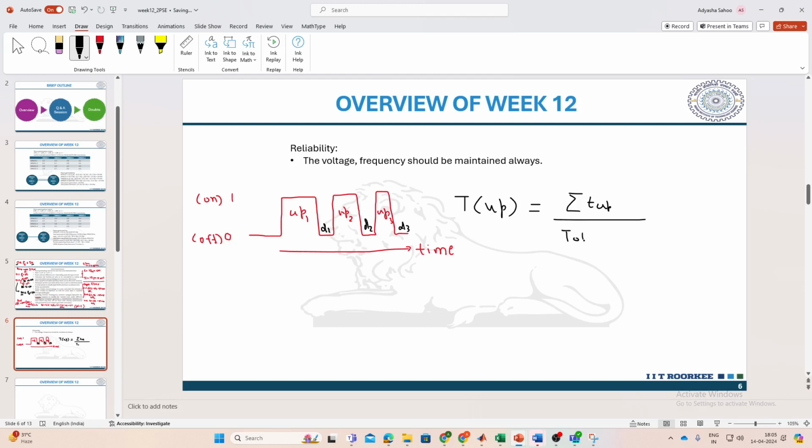The total cycle will be basically uptime 1, downtime 1, uptime 2, downtime 2, uptime 3, downtime 3. So that is your total cycle. So this is your uptime. Similarly, for downtime, that will be the summation of the total downtime, that is D1, D2, D3 divided by the total cycle.